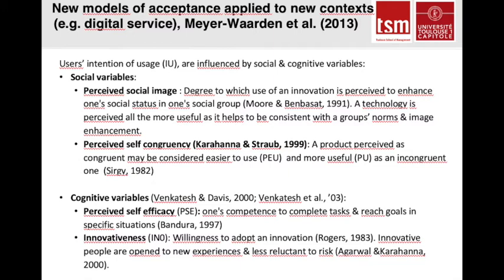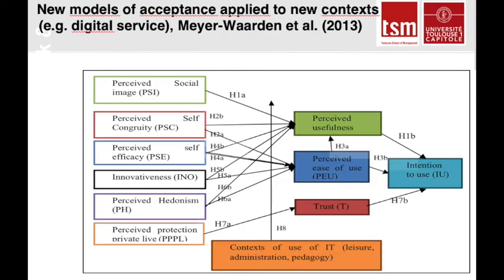Innovative people are more open to new experiences and innovation and less reluctant due to perceived risk. So we applied this extended model to a digital service from the processor producer Intel.